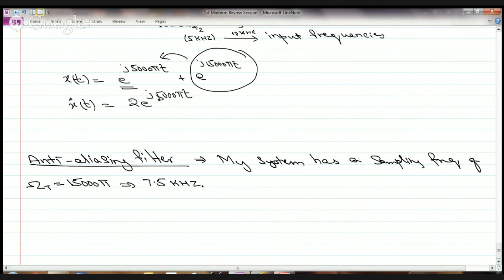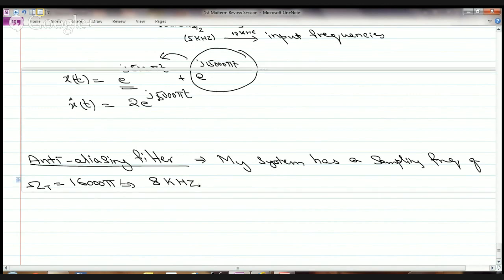So the purpose of the anti-aliasing filter is, let me pick a round number to make it easy. So let's make it 16,000 pi, so 8 kilohertz. Now, the purpose of the anti-aliasing filter is to remove all the frequencies that are above what your system can handle.